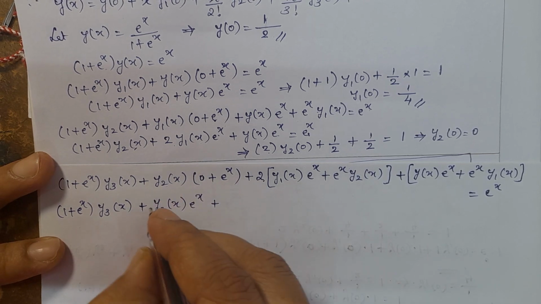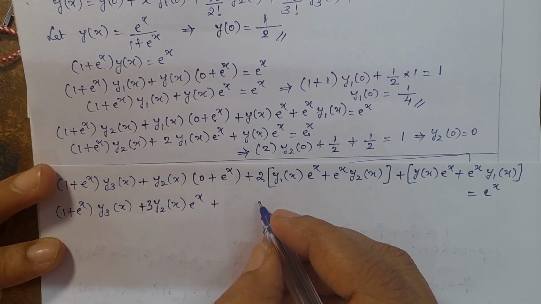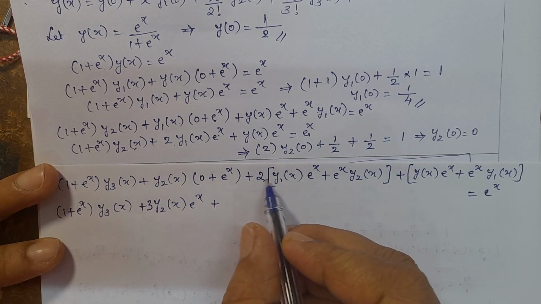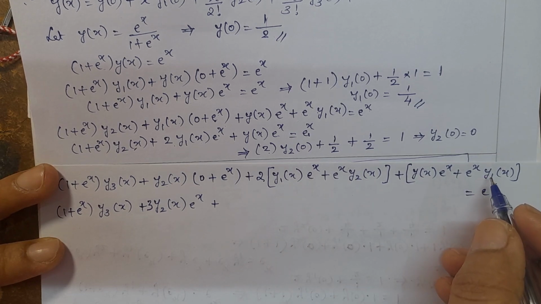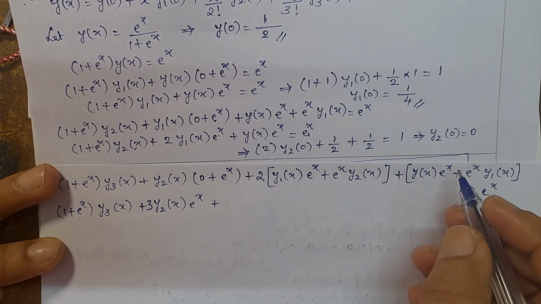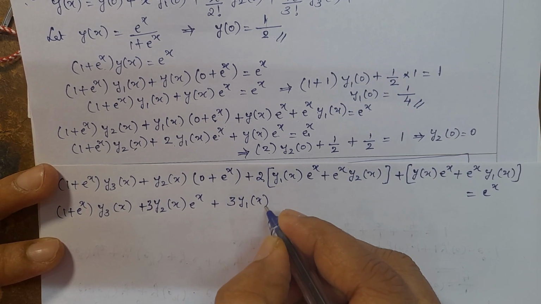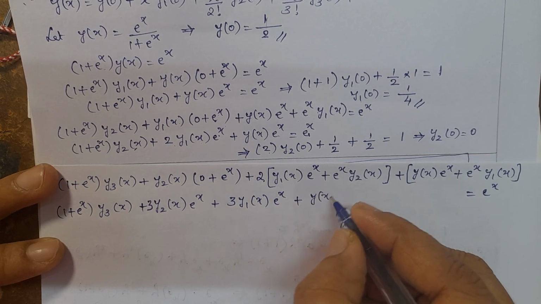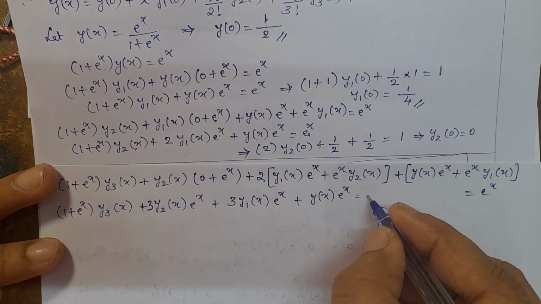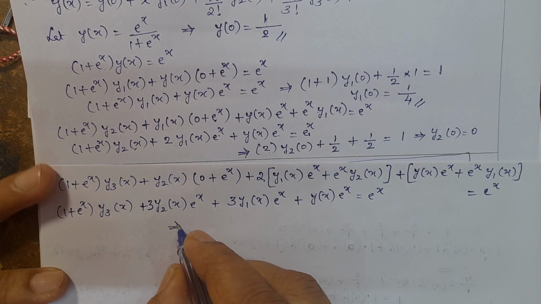So that is 2 plus 1 is 3, 3 times y2 of x e power of x. Next, here 2 times y1 of x e power of x, here single times y1 of x e power of x. So 2 plus 1 is 3, 3 times y1 of x e power of x, plus y of x e power of x equal to e power of x.